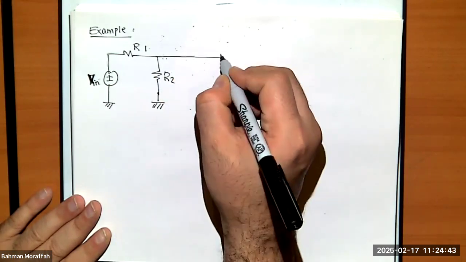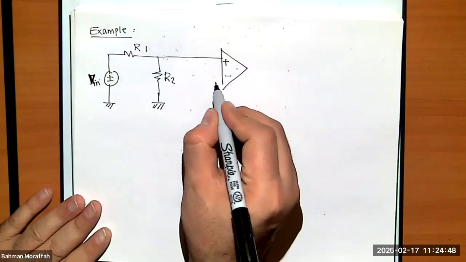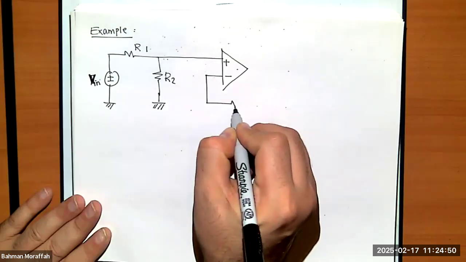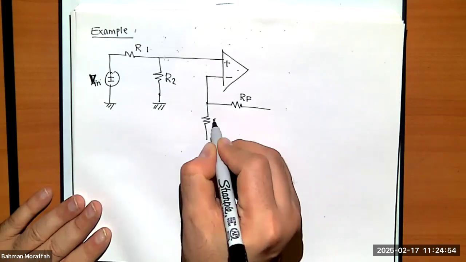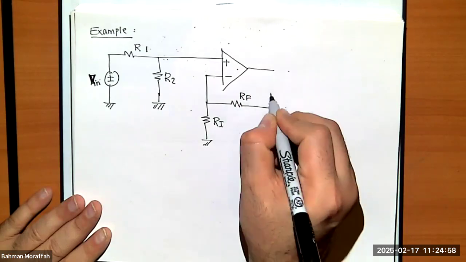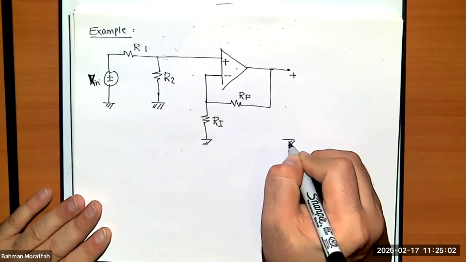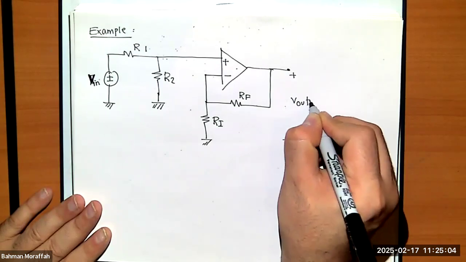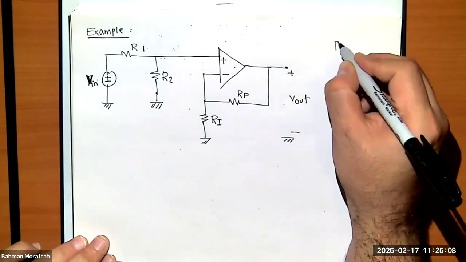And then this is connected to an op amp that looks like this. This is RF. This is RI. And over here, I have the out. Right? And the question's asking me to find the gain.